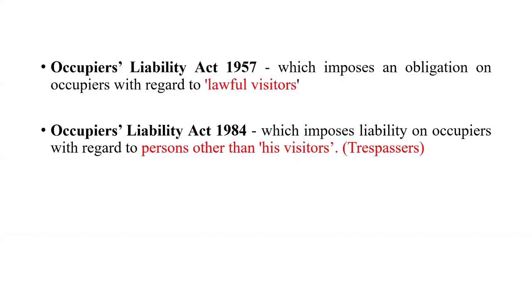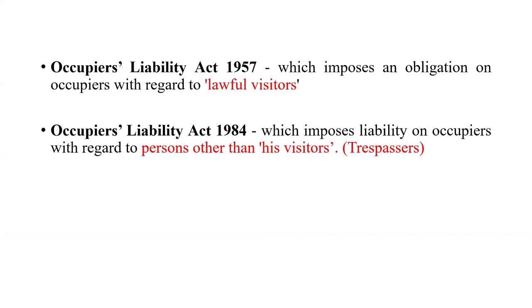So basically, you have to know that there are two acts which regulate occupiers' liability. The 1957 Act imposes an obligation on occupiers with regard to lawful visitors. So whenever a lawful visitor is concerned, it is the 1957 Act that you have to apply.